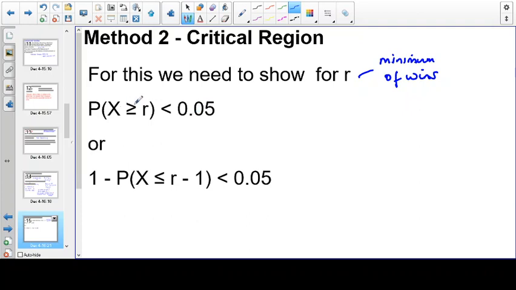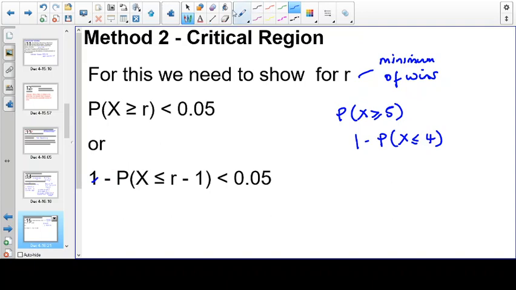Because you cannot get greater than or equal to off your calculator, this is the same as this. If you think of the previous slide, we wanted that, so I just did that. So to work out this value here, we need to work out this here. This is what we need to try and show.